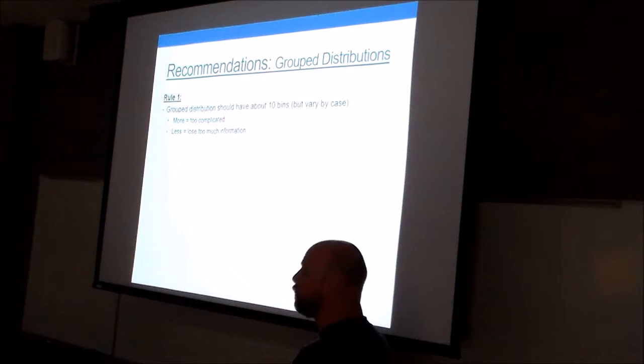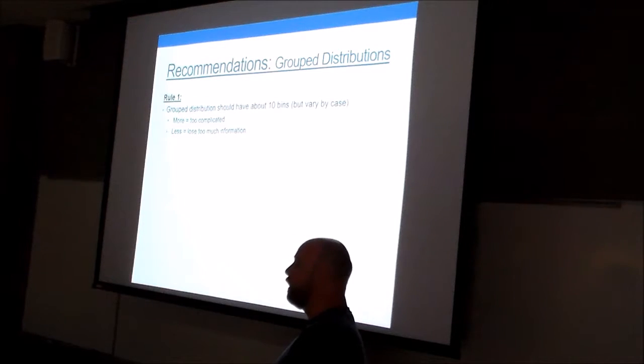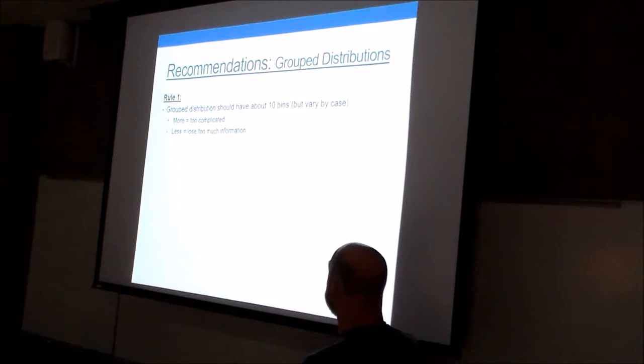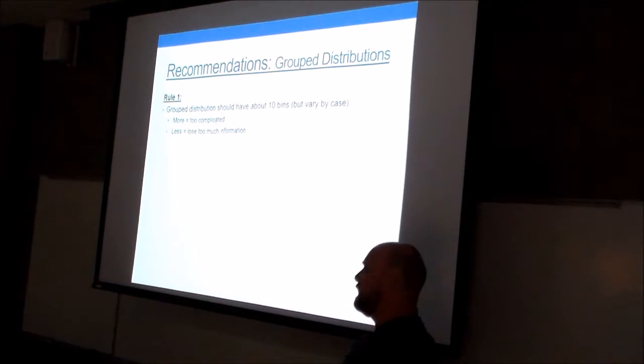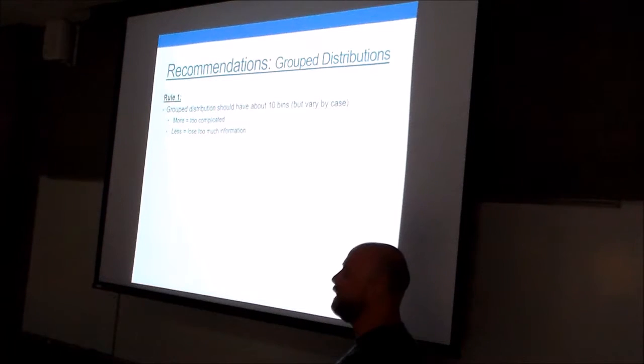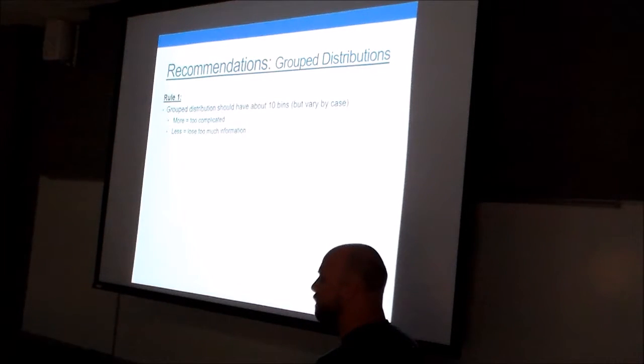So some general rules to think about when creating a frequency distribution for data that constitutes a continuous variable. Group the distribution into somewhere about 10 bins. Select a class interval that gives you somewhere in the vicinity of 10 bins.